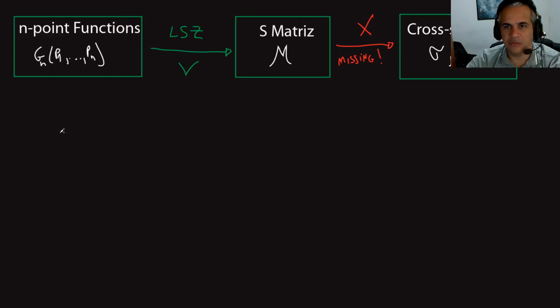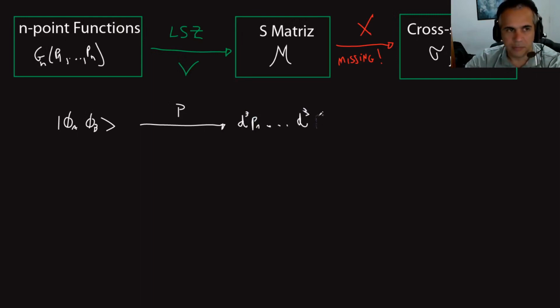Let me start with the probability that if I start with a state that is just phi A, phi B, right? What is the probability of producing, let's call this P, a final state that contains n particles, and these n particles are in the momentum interval d3p1 to d3pn.